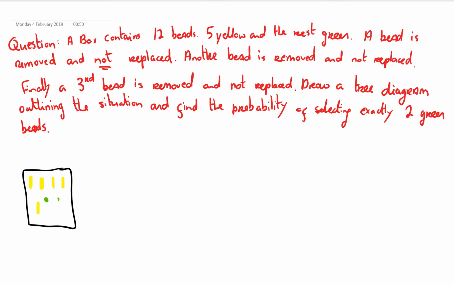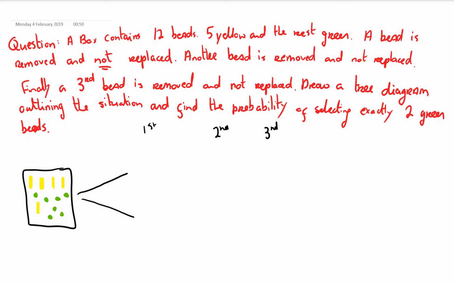So 1, 2, 3, 4, 5, 6, 7. So 5 and 7 is 12. Right. So this will be our first pick. This will be our second. This will be our third.